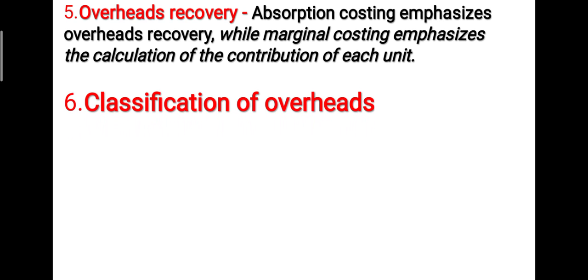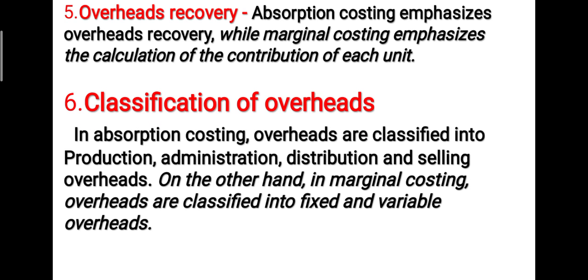And the classification of overheads: in absorption costing, overheads are classified into production, administration, distribution and selling overheads. On the other hand, in marginal costing, overheads are classified into fixed as well as variable costs.